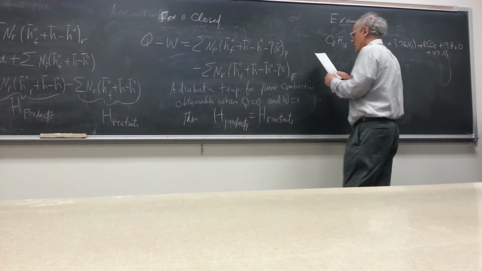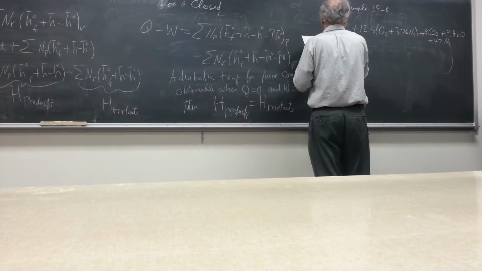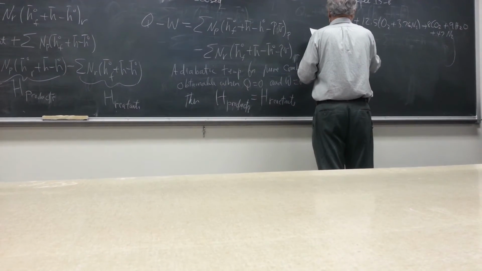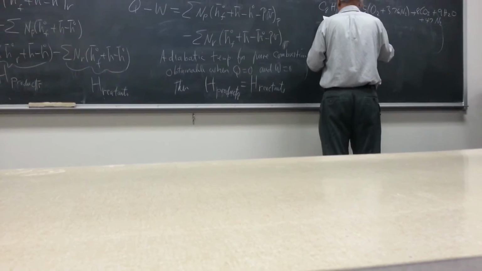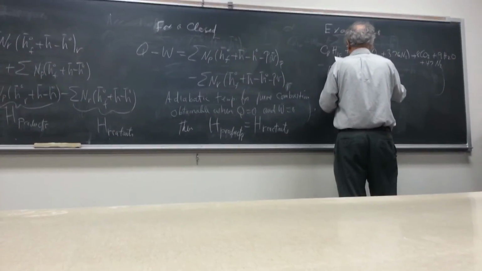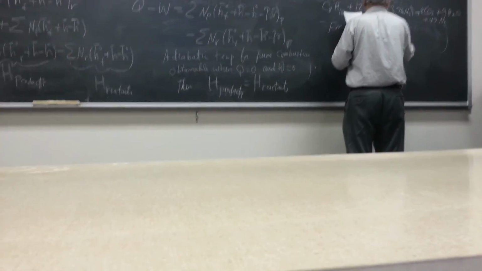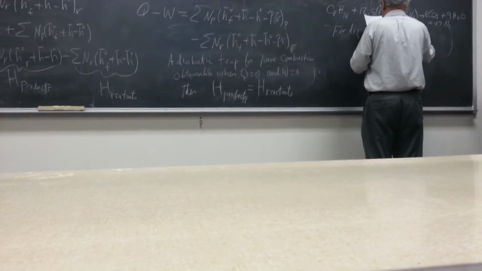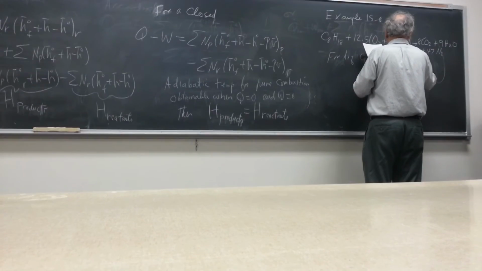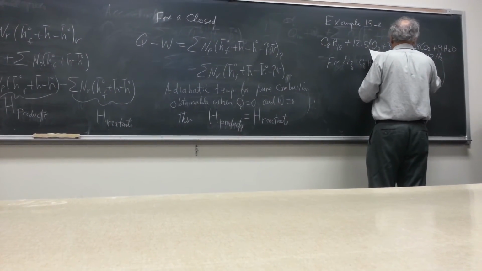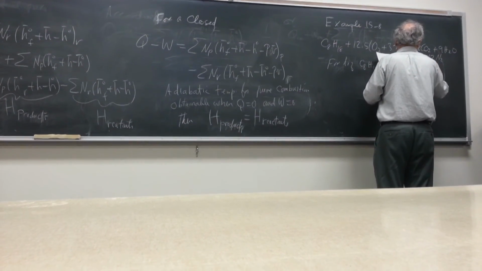And for liquid C8H18, we have h-bar_f equal to minus 249,950 kilojoules per kilomole.